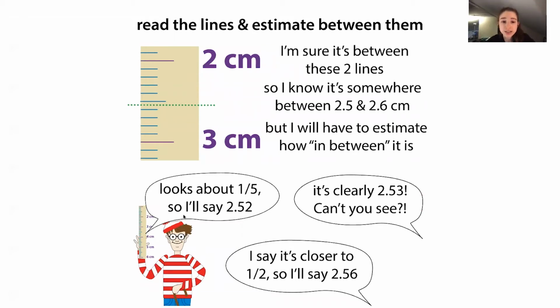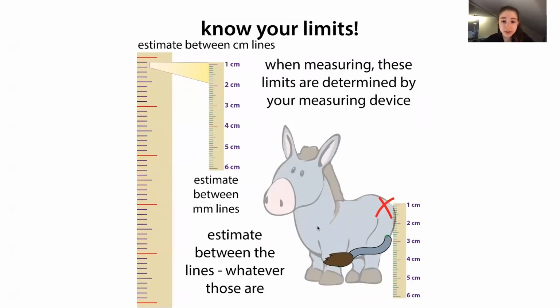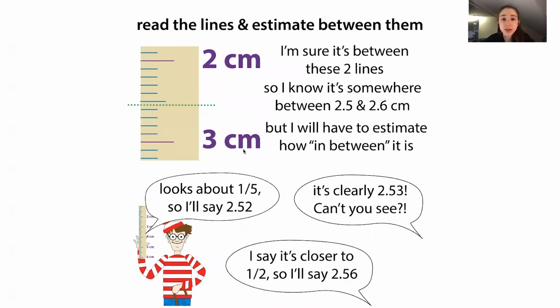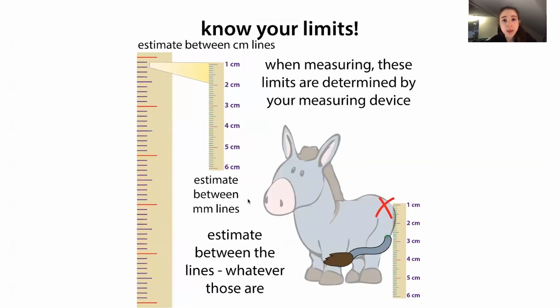One of the judges says, okay, well, it looks about a fifth, I'll say 2.52. And then this other judge says, it's clearly 2.53, can't you see? And then the third one says, I say it's closer to half, so I'll say 2.56. So your judges aren't agreeing, but you have your values somewhere in this closer range between 2.5 and 2.6.